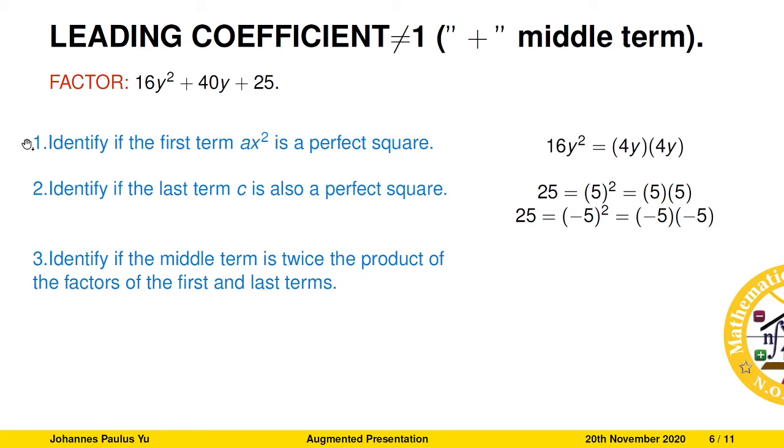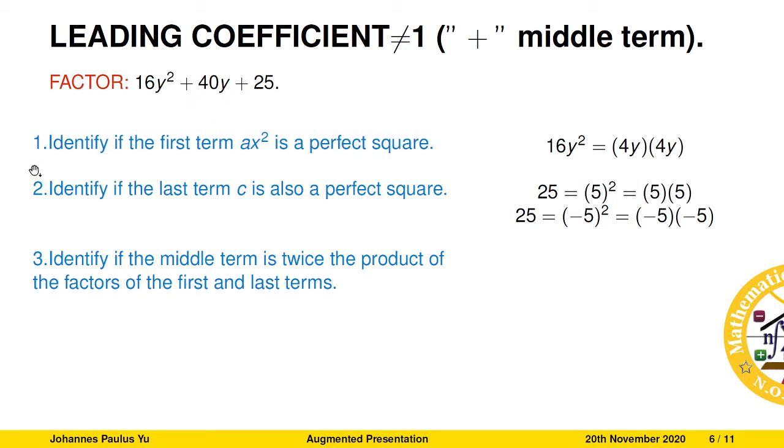Now, if our answer is yes in steps 1 to 3, meaning step 1, perfect square ba si ax squared? Yes. Step 2, perfect square ba gyapon si c? Yes. And step 3, ang product ba sa factors ni ax squared ug ni c, kung dublihon mo, equal ba sa b?